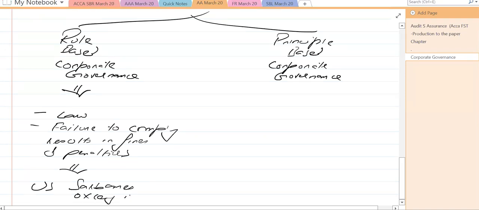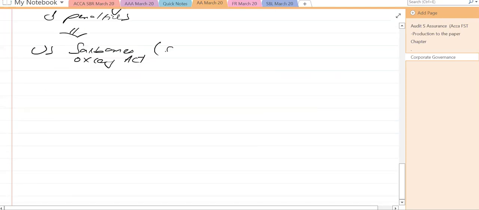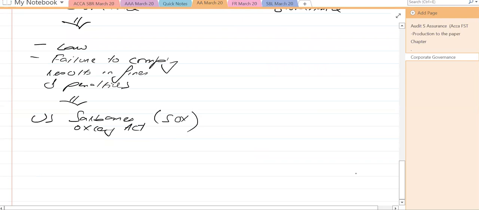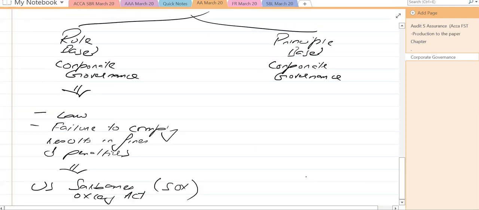The US Sarbanes-Oxley Act, in short known as SOX, is an example of a rule-based approach. It came in 2002. So it is a law for the companies, and the companies are bound to follow whatever provisions, clauses and sections are there.